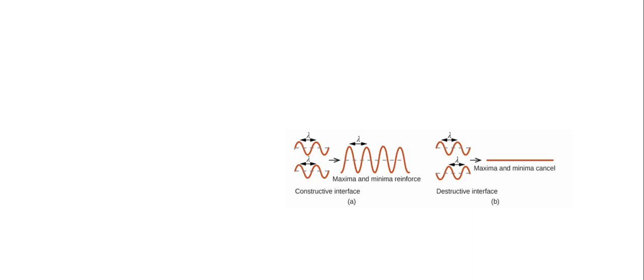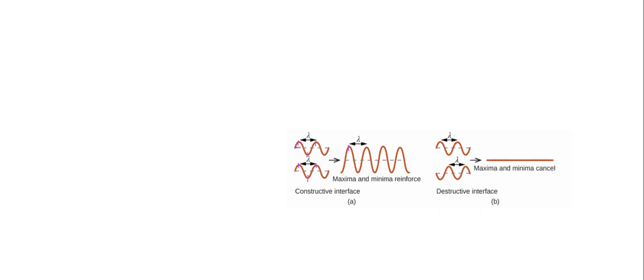So if we see here that two waves are what we refer to as completely in phase with one another, we see that the crests of each of those line up with one another and the troughs line up with one another. And what ends up happening is that the two crests that are lined up create an amplified wave.